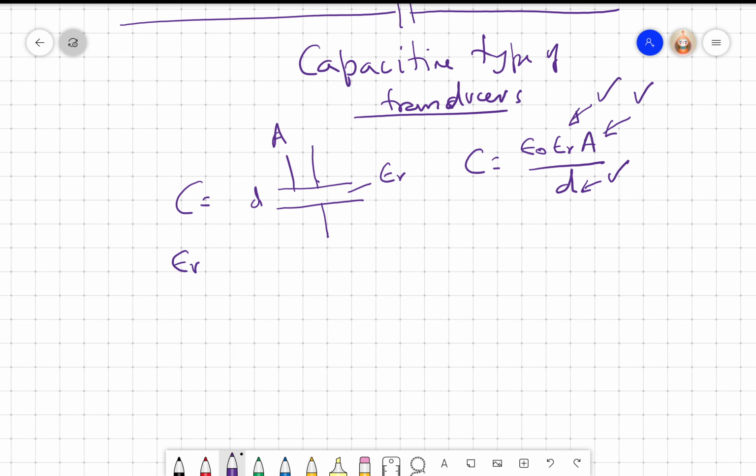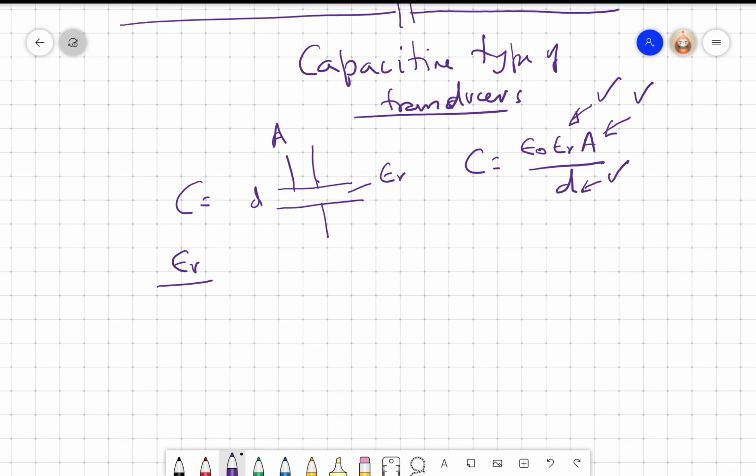Now we look at epsilon r, the relative permittivity of a material, which can be used. Applications are very specific to the use.